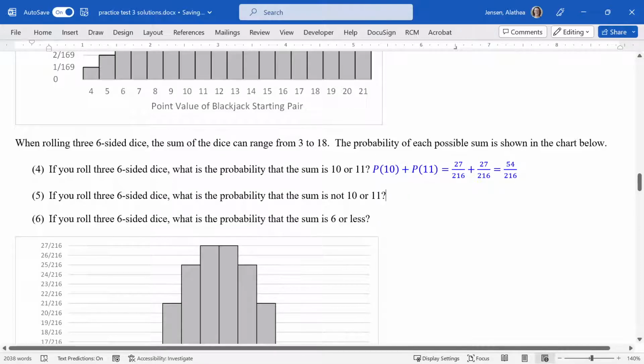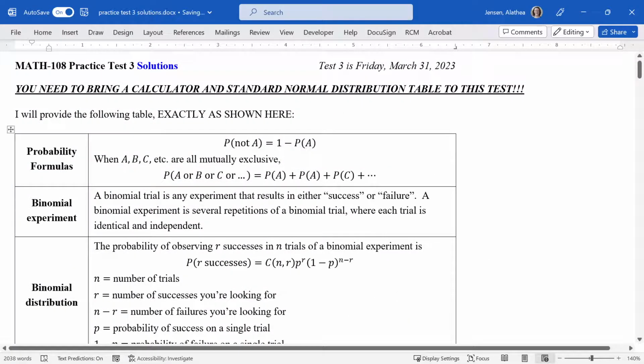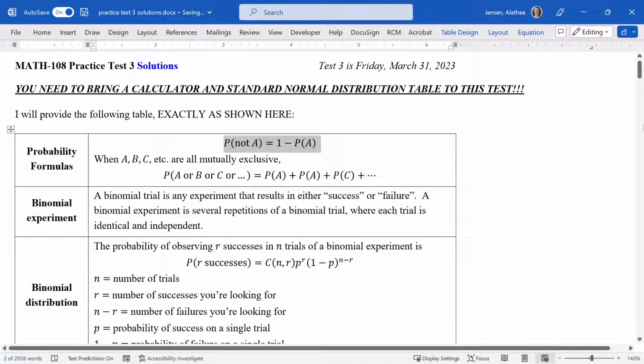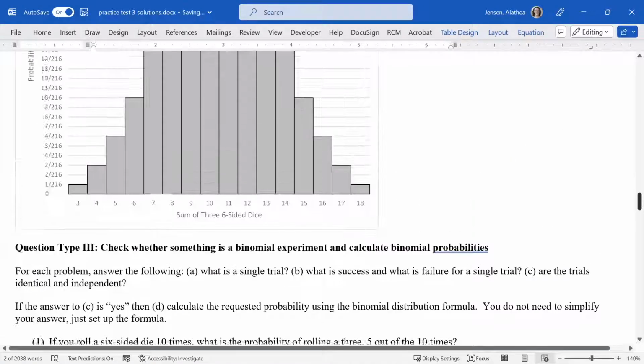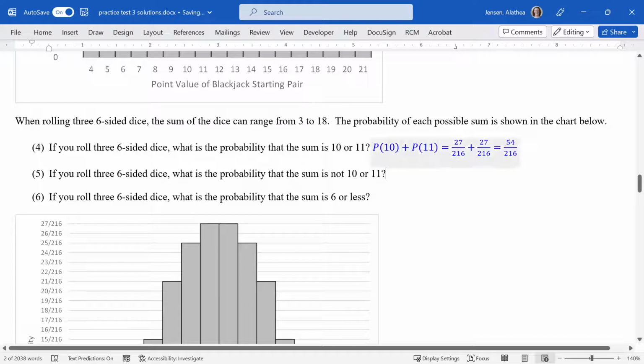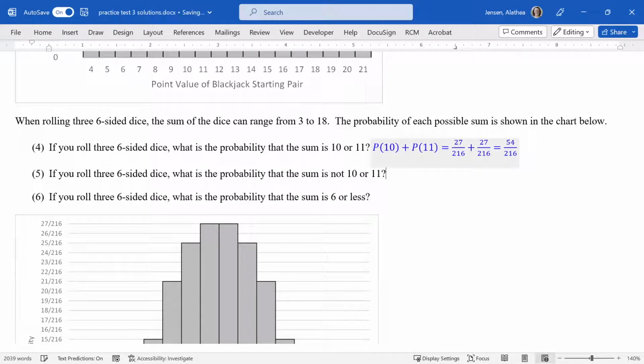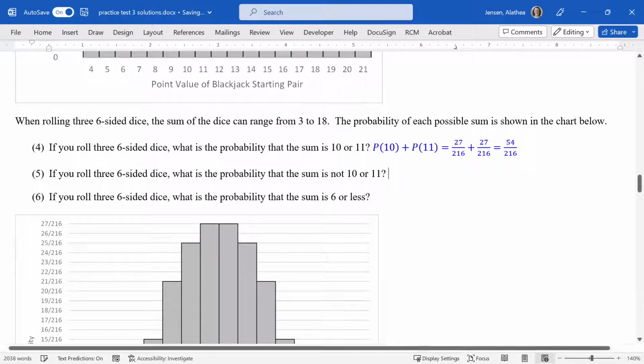And next question. If you roll 3 six-sided dice, what is the probability that the sum is not 10 or 11? For this one, you can use your not probability formula. The probability that an event does not happen is 1 minus the probability that it does happen. So we're just doing 1 minus the answer from number 4.